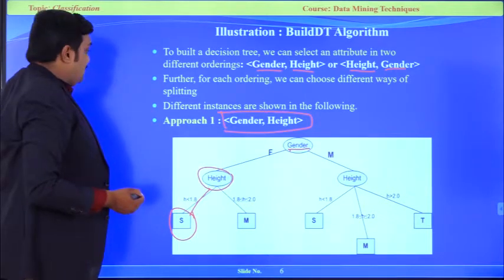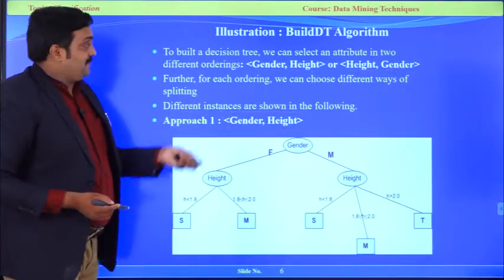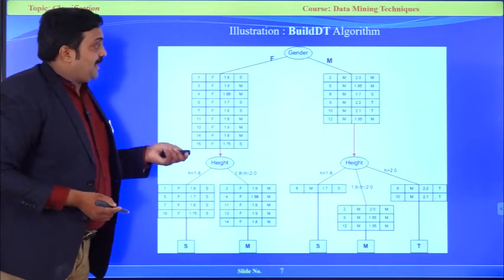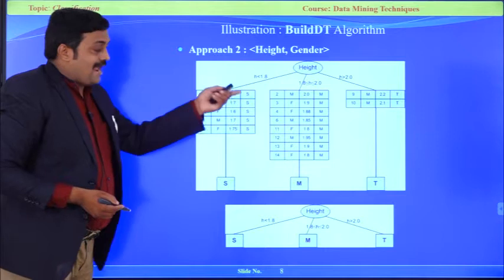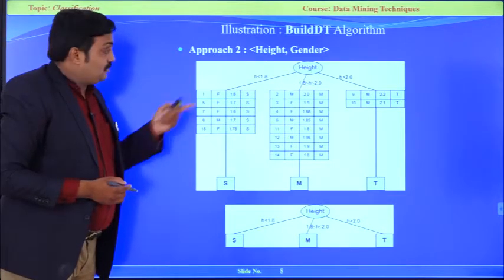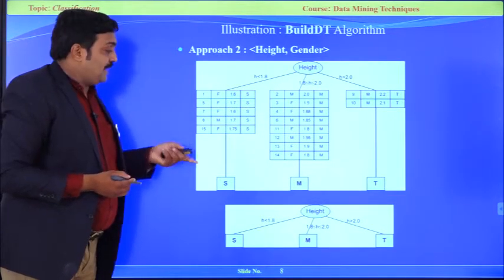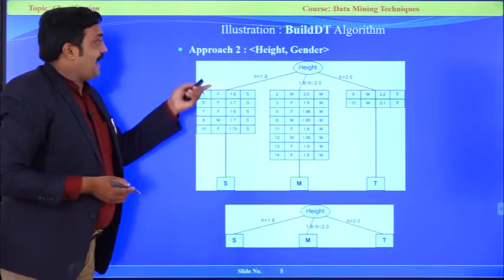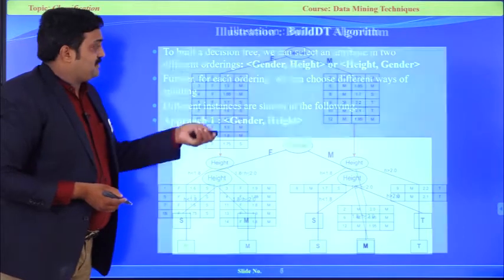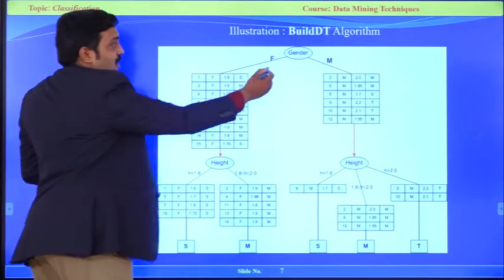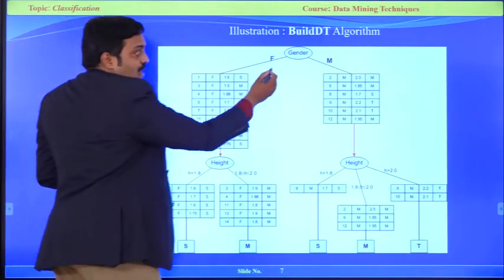Another option is height and gender, that means I am taking height as the root node, then I am going to construct. See, in the case of gender, with this example, all females, all males.